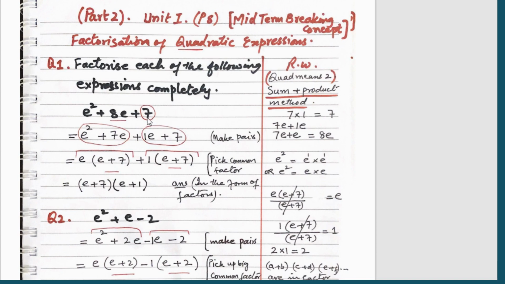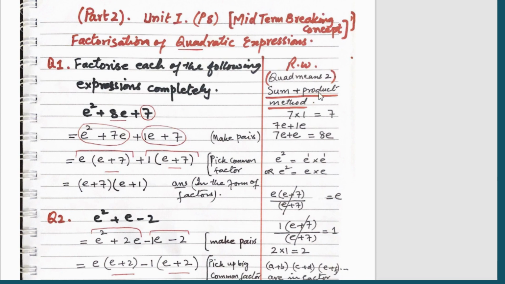I took the appropriate product of 7. With the help of the product of 7, I took the sum of the factors to break 8e. That is why this method is known as the sum and product method.